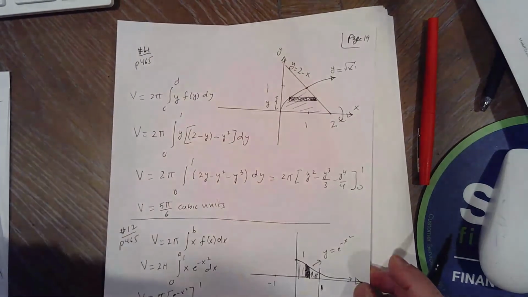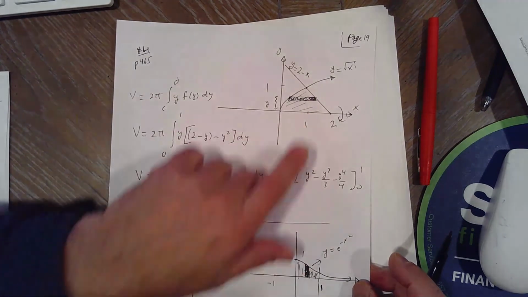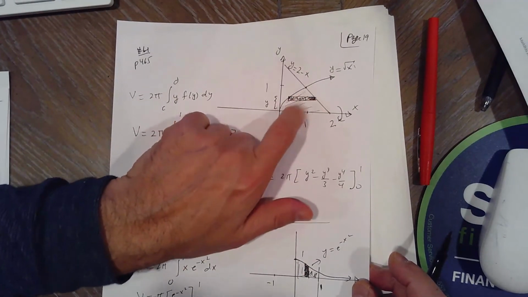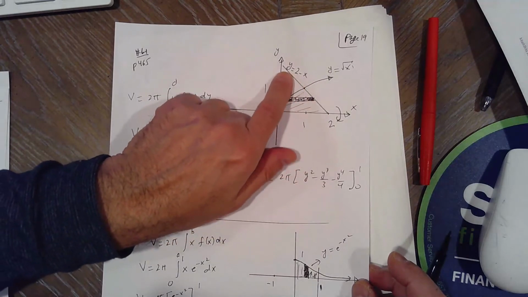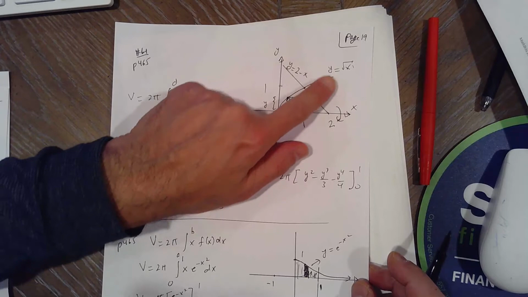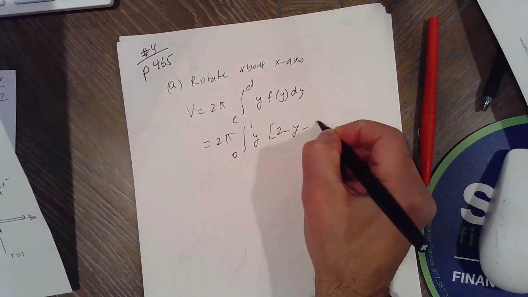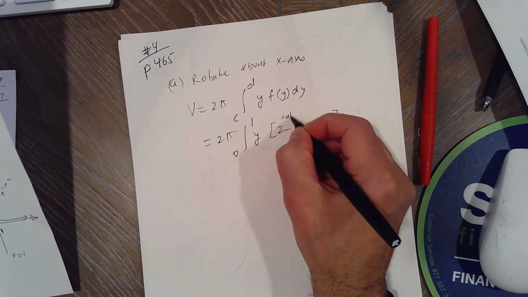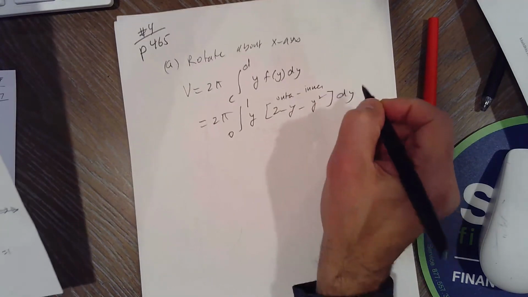And then f of y, you're going to go from here to there. So it will be x equals 2 minus y, outer minus inner, and then x equals y squared. So 2 minus y minus y squared, outer minus inner, dy.